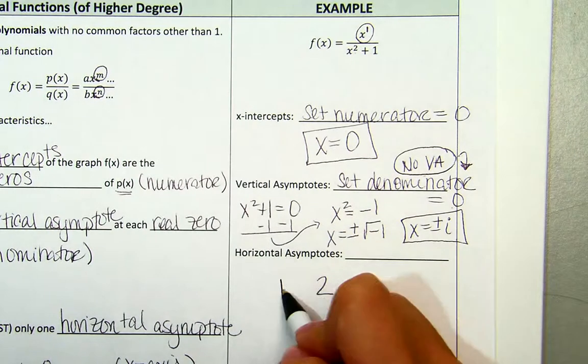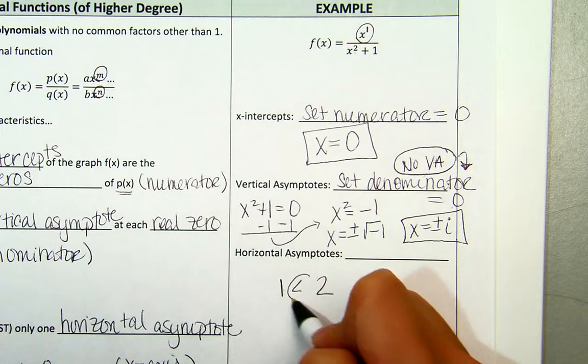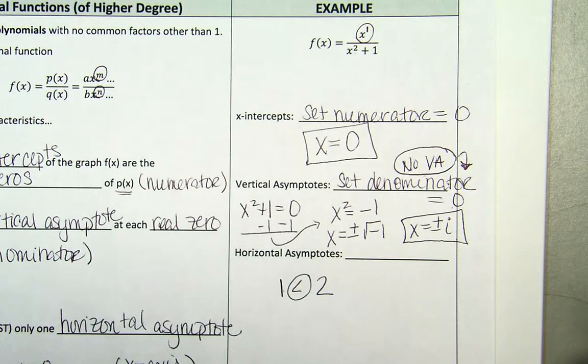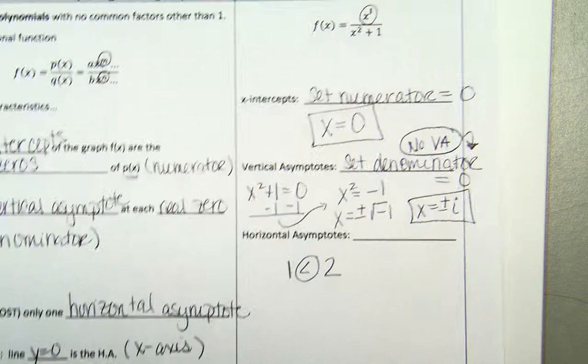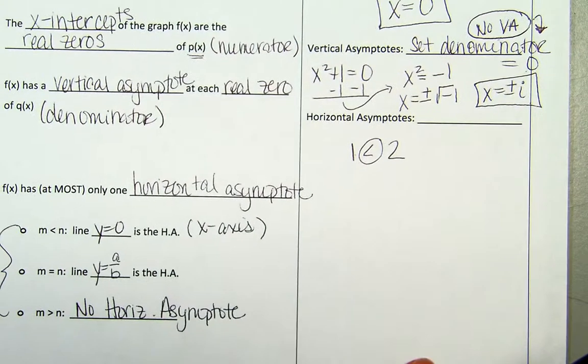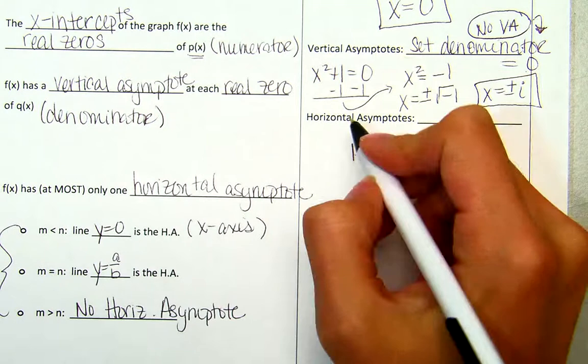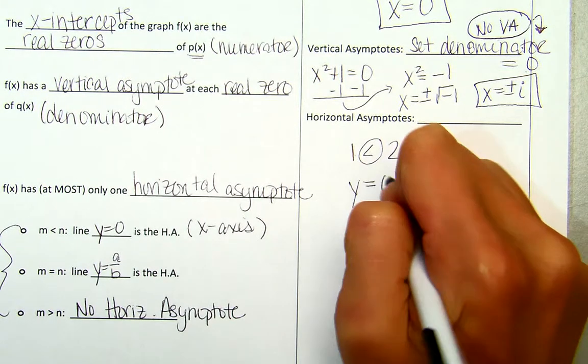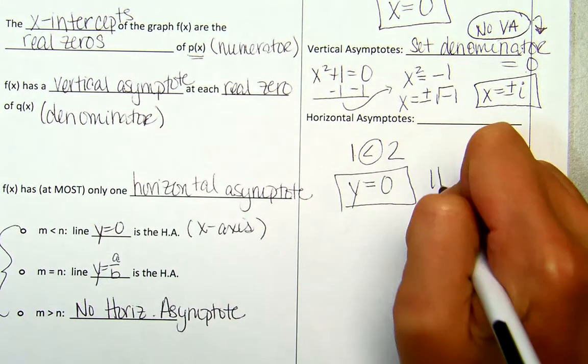And since 1 is obviously less than 2, we're going to be comparing them. Therefore, if I look over on my left-hand side, since 1 is less than 2, I'm going to go with my first characteristic, right? My first horizontal asymptote, which is y equals 0 for your horizontal asymptote.